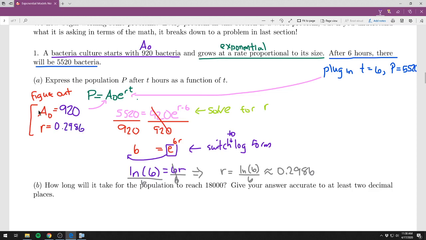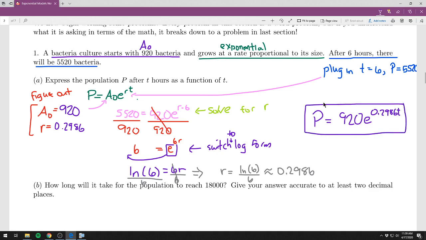Right, but once we've got A0, once we got r, that's what we plug in to get our final equation. P equals 920 e to the 0.2986 t. Right, this is the population.